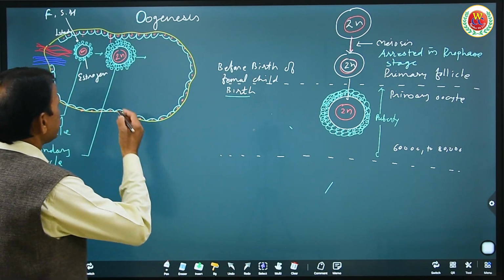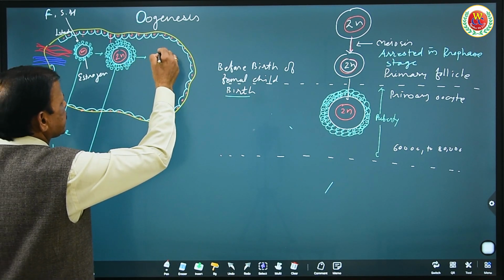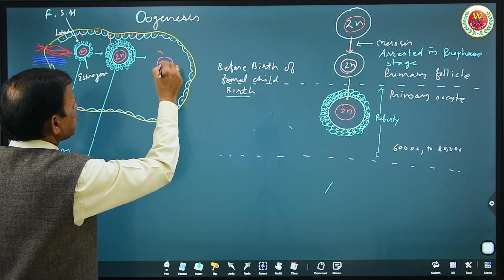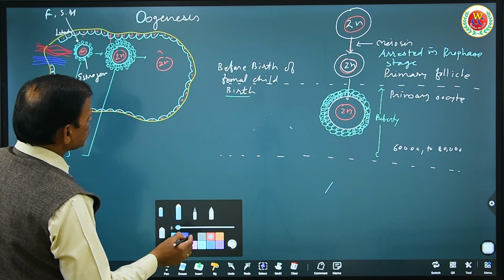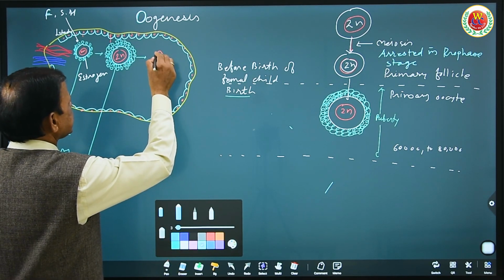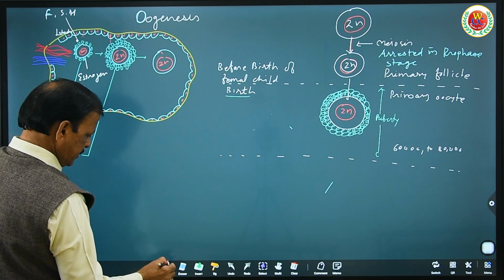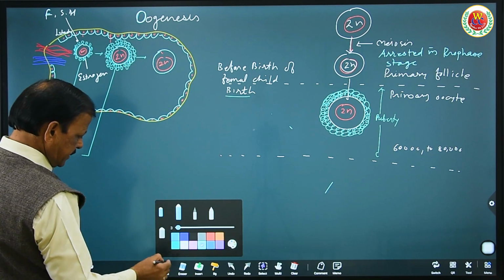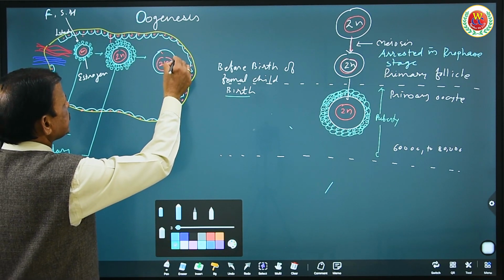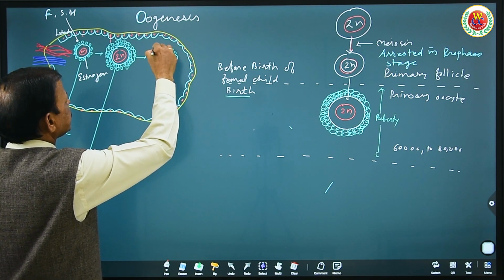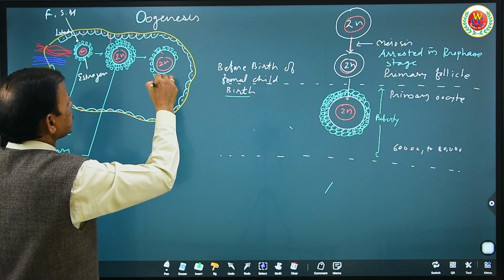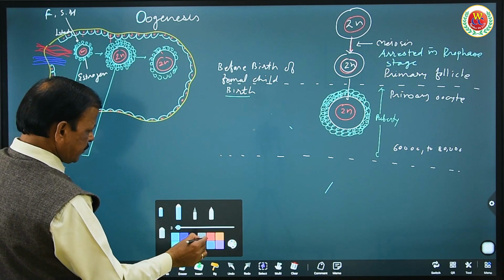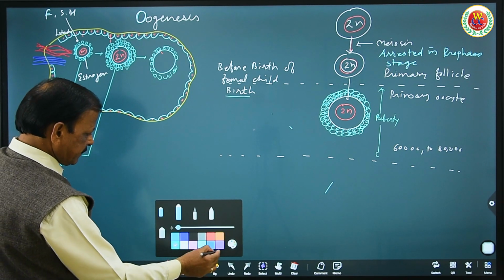Now in the ovary, this secondary follicle changes into a tertiary follicle, with granulosa cells around it, then two layers, theca interna and theca externa, are produced. These are, suppose, granulosa cells, and here, very importantly, a fluid filled cavity appears.